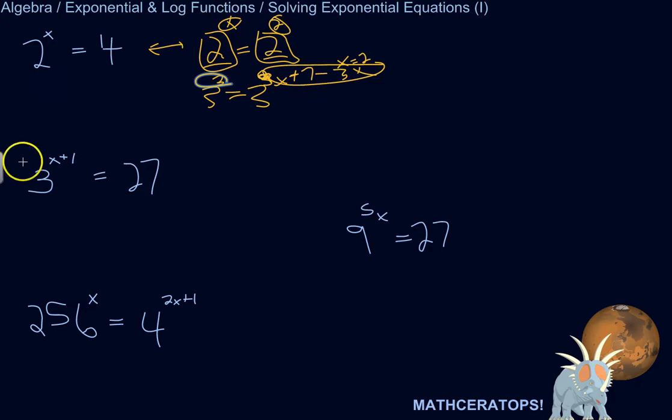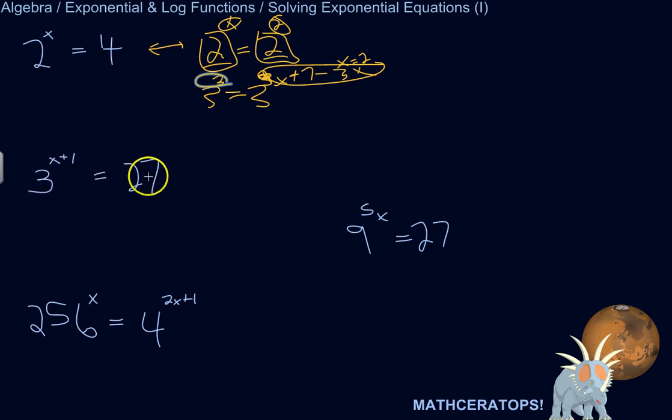So we've got 3 to the power of x plus 1 is equal to 27. So question: can I rewrite one of these numbers so that it has the same base as the other? Well, 3 is a prime number, so there's not much I can do with that.